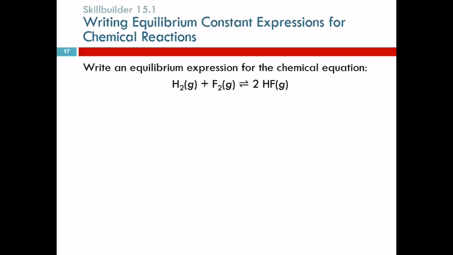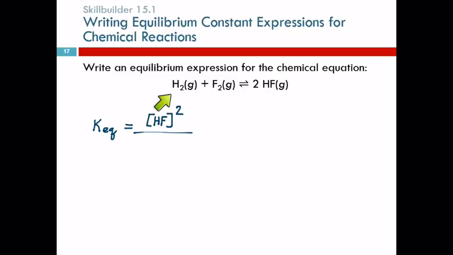Let's do another one. Write an equilibrium expression for this chemical reaction. So KEQ, we want the products divided by the reactants. This is the product, HF, and I'm going to put it in brackets, which means the concentration of that. Does it have a coefficient in the equation? It does. So I need to put that 2 as the power on that, so it's raised to the 2nd power.